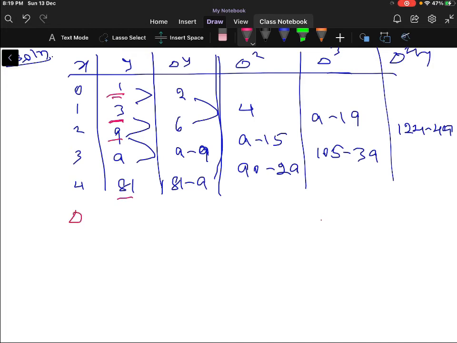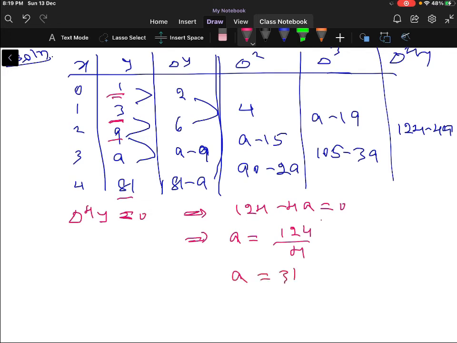Therefore, delta for y is 0. So from the table, 124 minus 4a is equal to 0. So this implies a is equal to 124 by 4. So a is equal to 31.